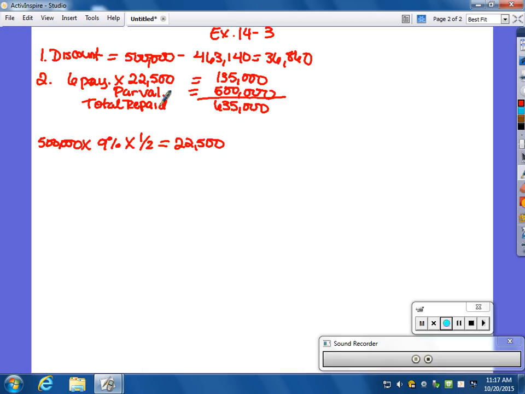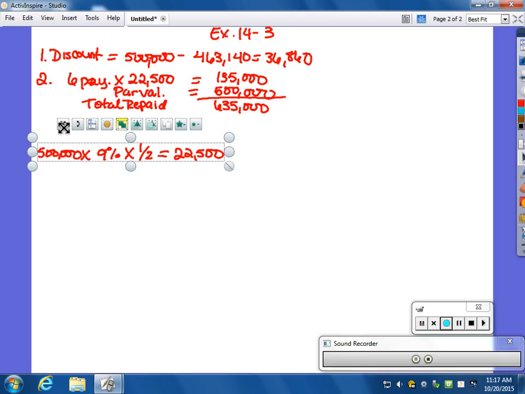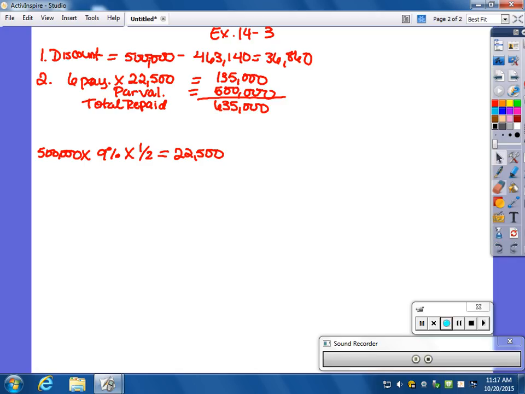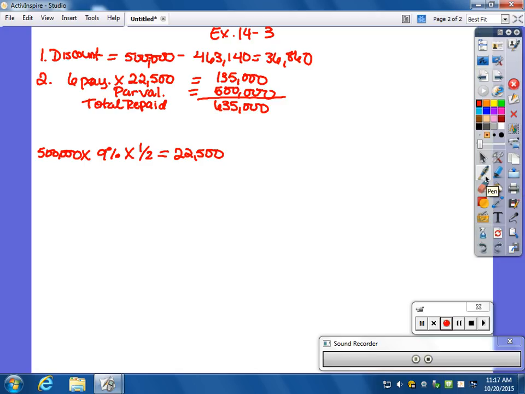And now we need to subtract out what? Amount borrowed. You need to subtract out the amount borrowed.